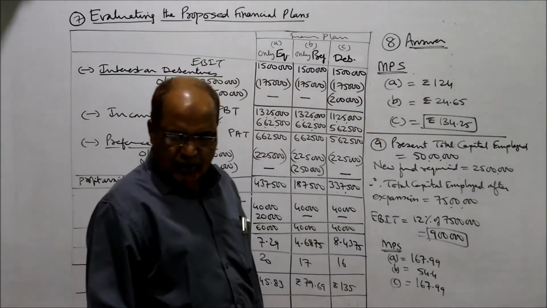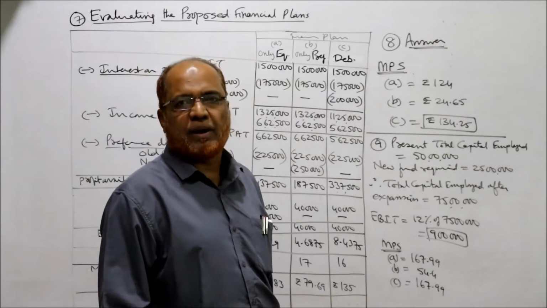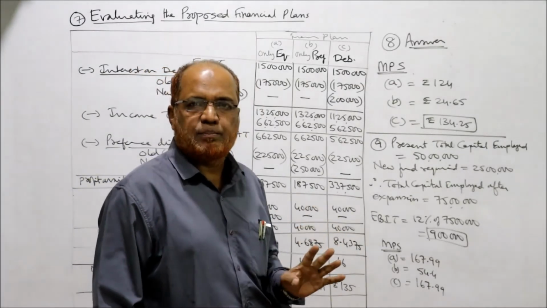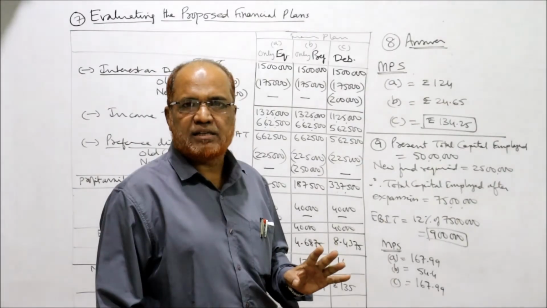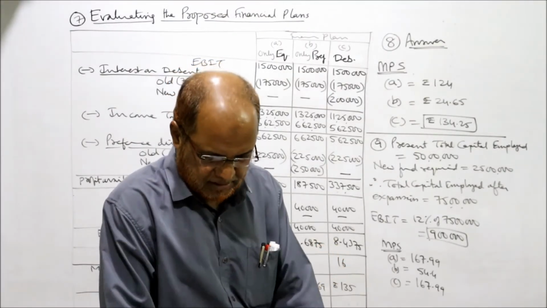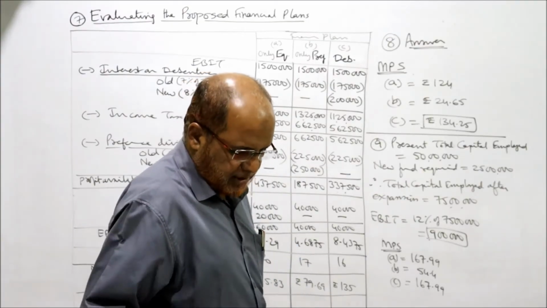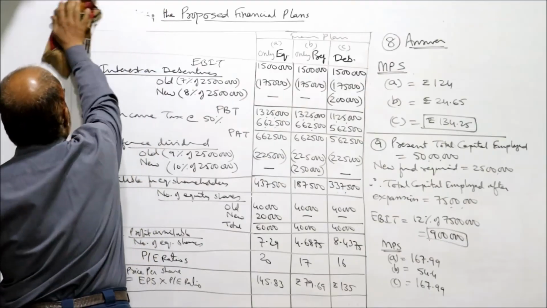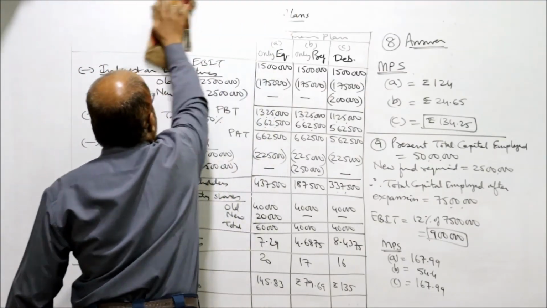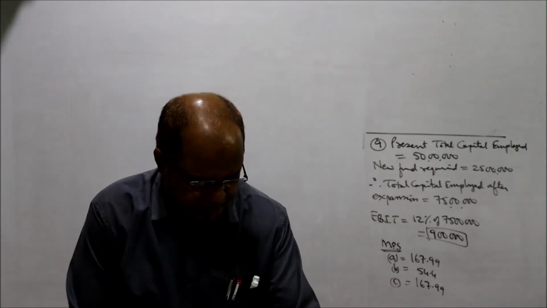So ultimately your conclusion is the company can adopt either A plan or C plan, because in both these plans the MPS, the market price per share, is the highest. That's it. These 8th and 9th you have to do it yourself. Now see the next, the 10th problem.